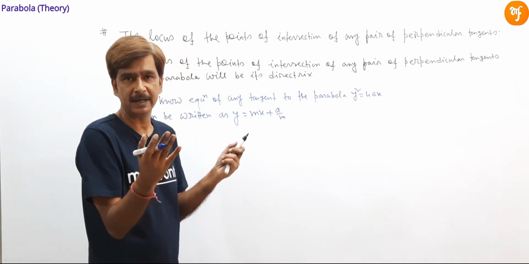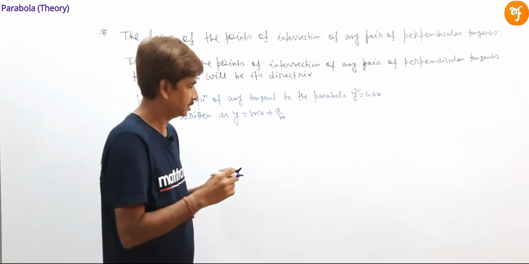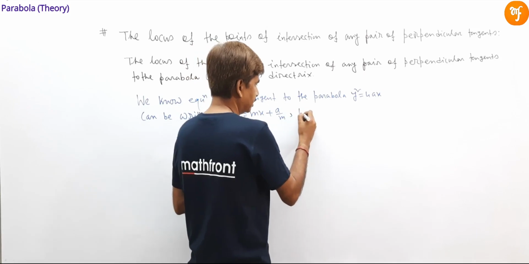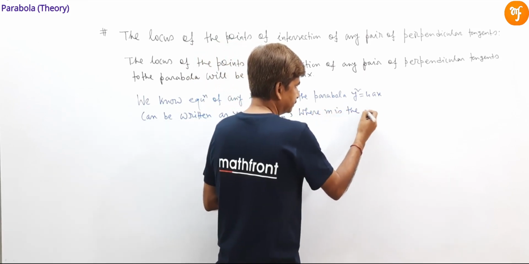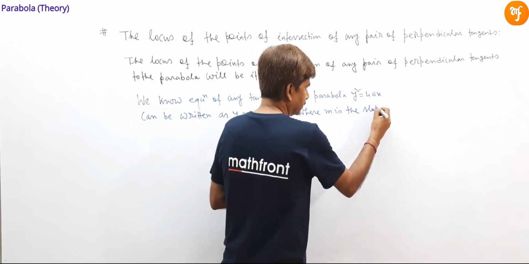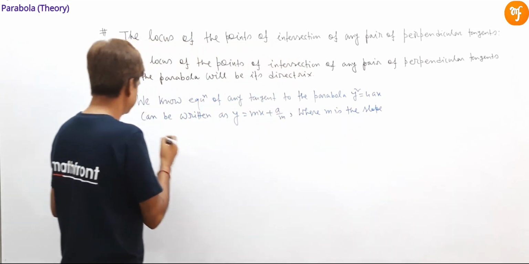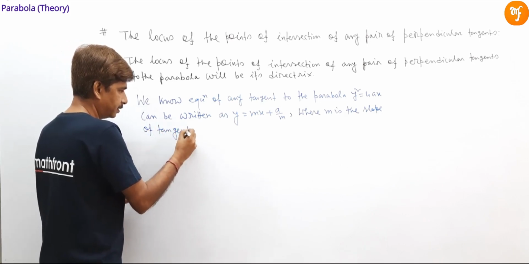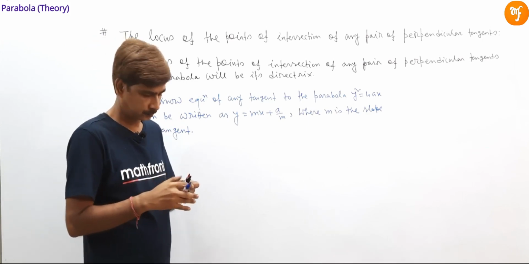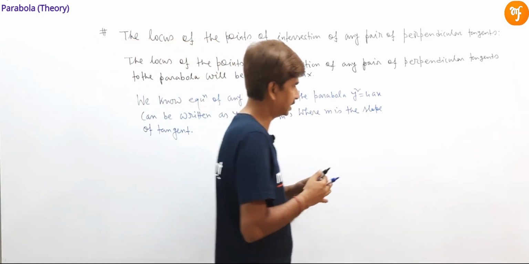And what is m? m is the slope of the tangent. Okay, we know it. So let's draw it for better understanding.